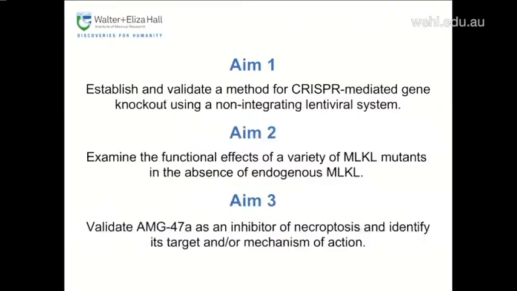So the three aims that I'm going to go through: the first is to establish a CRISPR-mediated gene knockout using non-integrating lentiviral systems, then the function of various MLKL mutants in the absence of endogenous MLKL. So aim 2 relies very much on aim 1. And finally, I'll take you through a brief overview of what I found out about the kinase inhibitor AMG 47A.